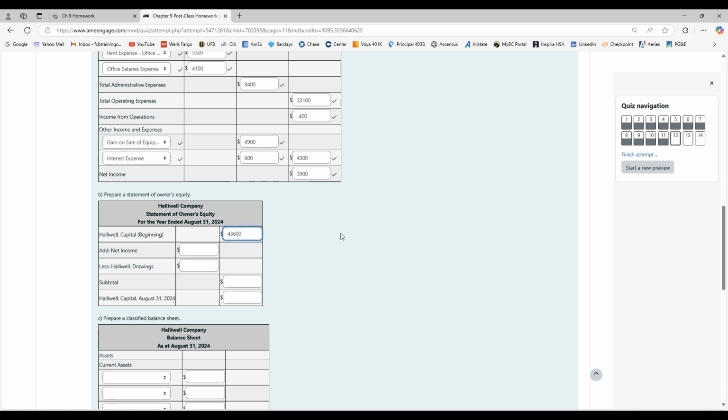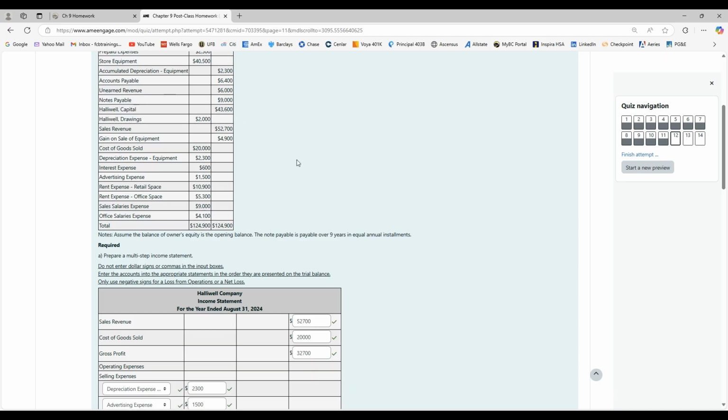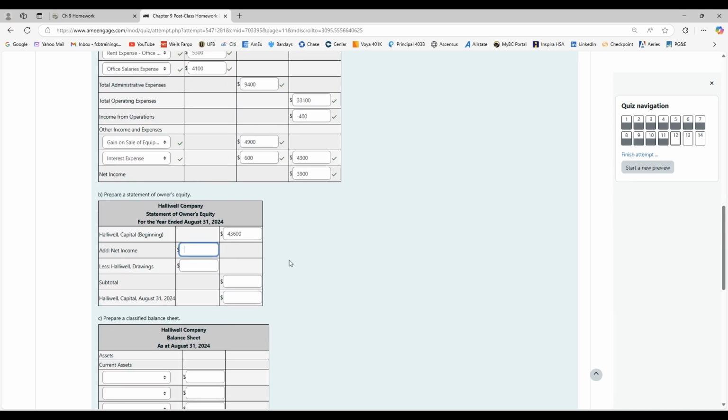Okay, so our capital then, $43,600. We're just going to pull that in here, bring that down, add our net income we just calculated over here. What is draws? 2,000. Remember, that's a negative, even though we're not putting negative signs on. So we get 43,600 plus 3,900 minus 2,000 brings us to 45,500.